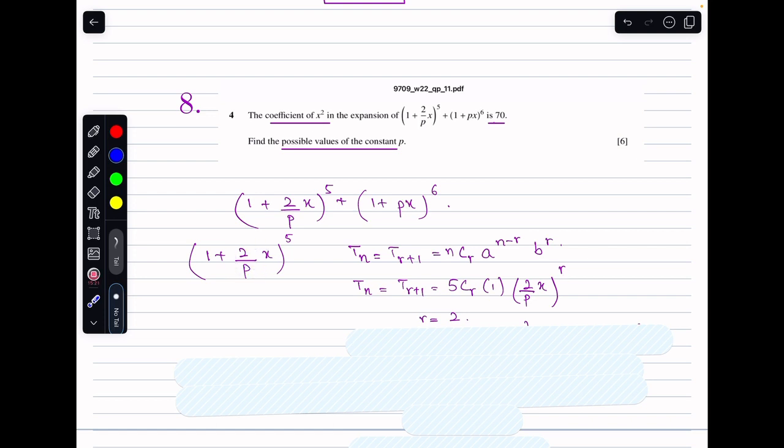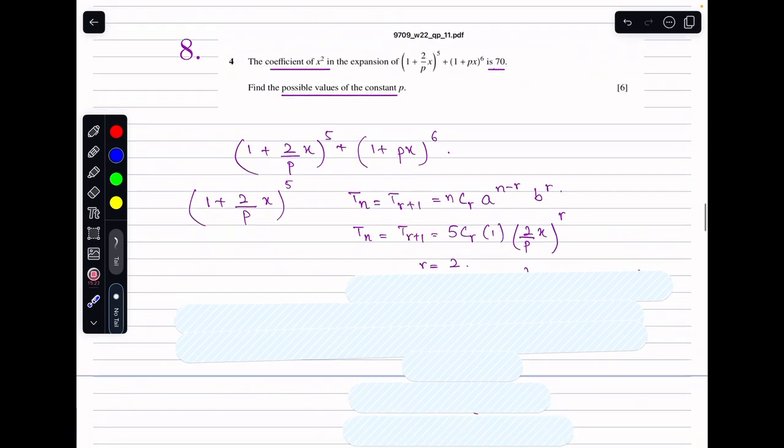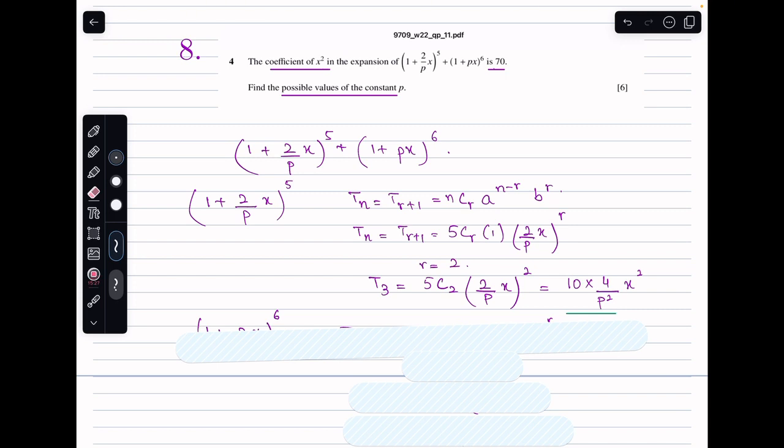I need the coefficient of x squared, so it's very much clear that my restriction has to be 2 here. So with this restriction, it's the third term, T3, which shall be equal to 5C2 into 1 into (2px) to the power of 2. 5C2 is 10, 2 squared is 4p squared, and this is going to be the coefficient of x squared. 40p squared shall be the coefficient of x squared here.